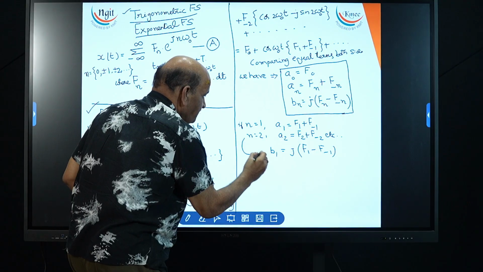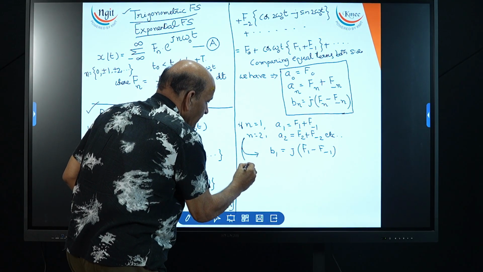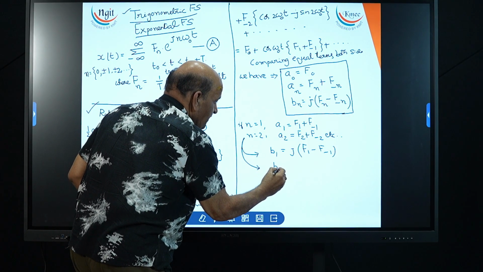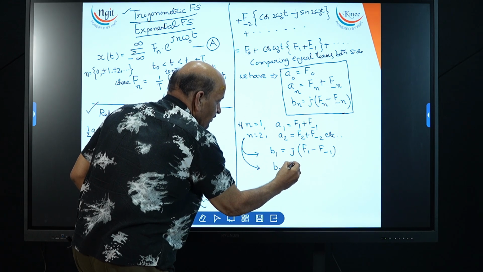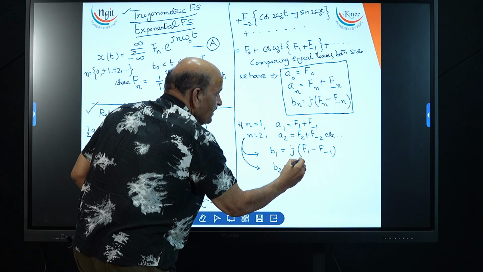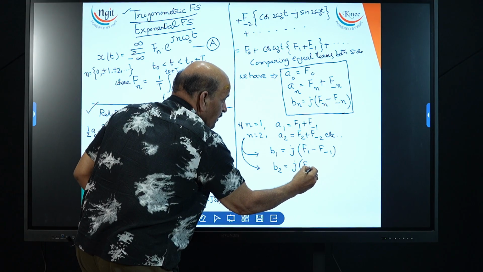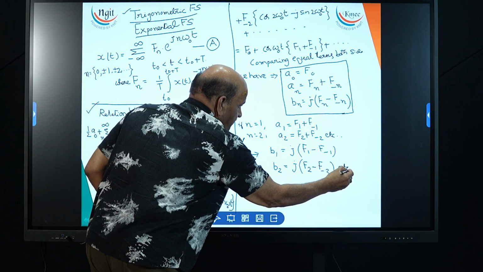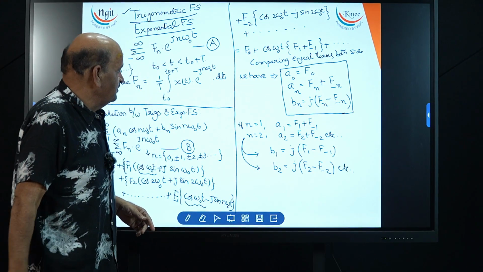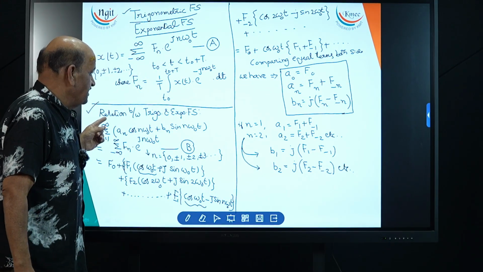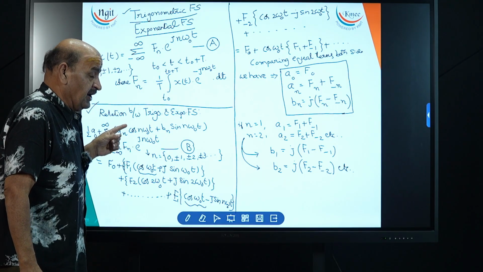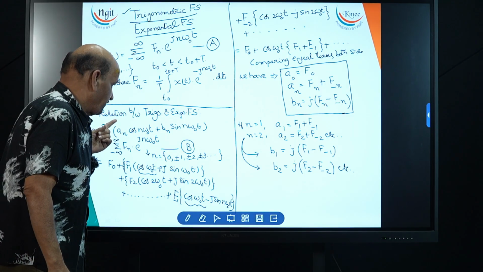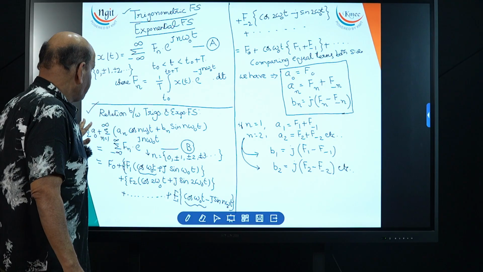For n equal to 2, it becomes B2, equal to j times F of 2 minus F of minus 2, and so on. These are the relations between the trigonometric Fourier series and the exponential Fourier series.